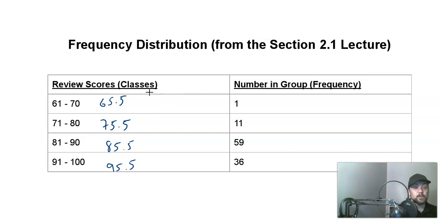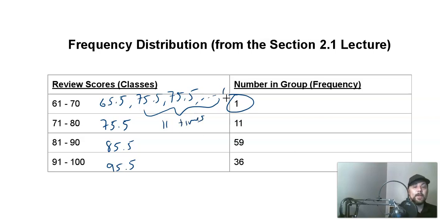So what we're going to do is say there's one data value in this class. Let's assume it's 65.5. That's the safest guess for what that data value happens to be. There's 11 data values in this class, so we're going to say all 11 of those data values are 75.5. So we're going to have 75.5 added to this list 11 times.